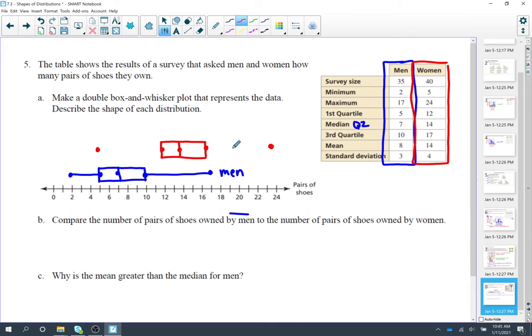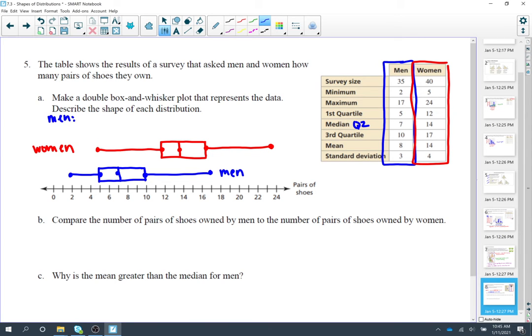Now, if you didn't quite line this up correctly, just erase it and make sure that your whisker goes out flat. You don't want a whisker that's going up. And then make sure we label that this one is your women. Now, it says to describe the shape of each distribution. Well, I'm first going to look at the men.